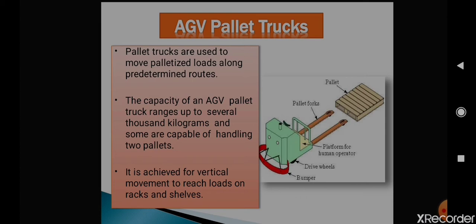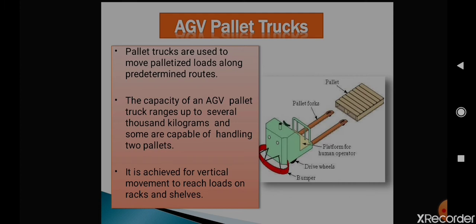To move palletized loads to certain heights, or to move the palletized loads vertically, these AGV pallet trucks will be used. To keep the pallet loads in racks, AGV pallet trucks will be used.